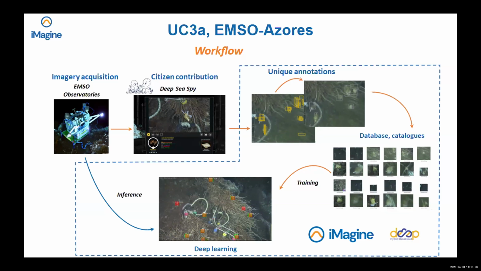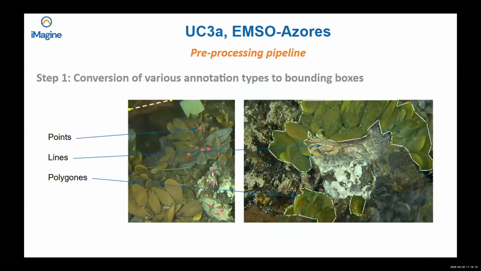Also, the different species were labeled using different formats, like point, line, and polygons. So we had a lot of cleaning and standardization to make the data usable by an AI model. Here is an example of the first step, which consists of converting various annotation types to bounding boxes.